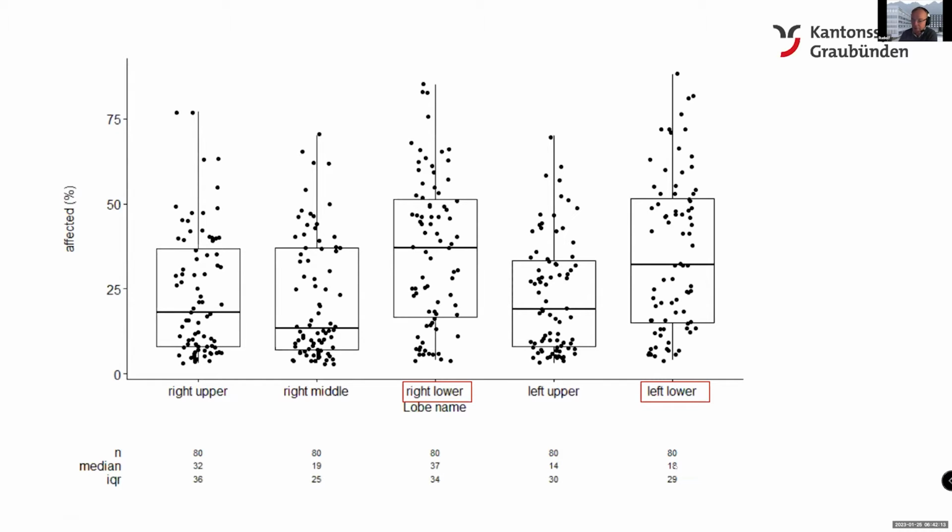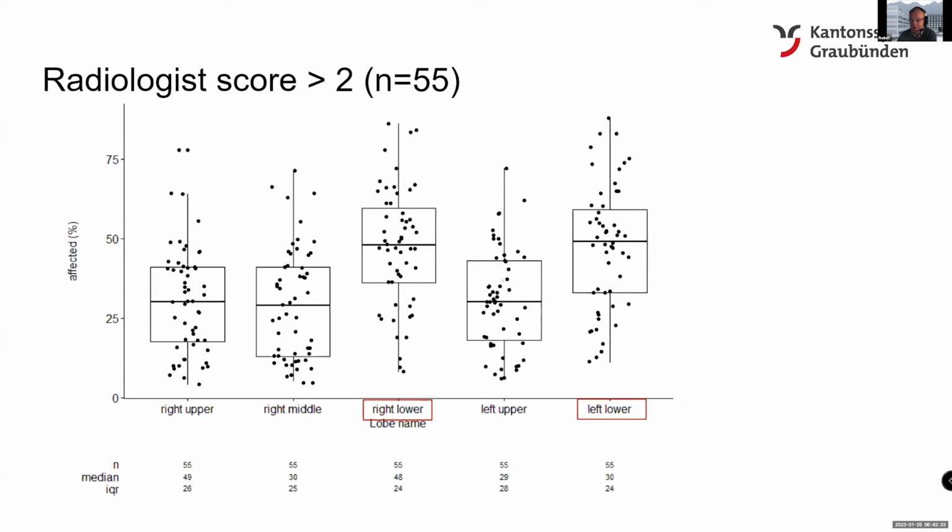You can also, of course, have a look at the lobes. Are some lobes more affected than the others? And you see, as expected, that the lower lobes have higher values here than the middle and the upper lobes. This becomes even more important when you only take data from patients with a radiology score over 2.